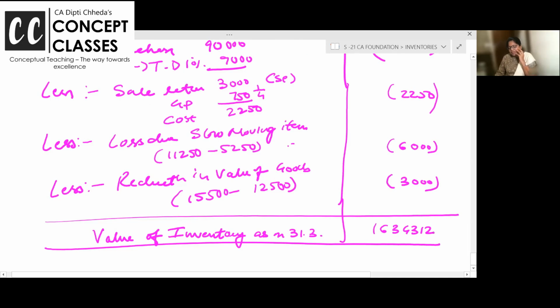This is the correct inventory on 31st March. Whatever was the purchase between 1st and April, it was included in stock, so remove it. What was the sales return? It had come back from the first, that was also included, remove it. Whatever is goods sold, add back because they were there. But everything should be at cost because we are dealing with the chapter called inventory.